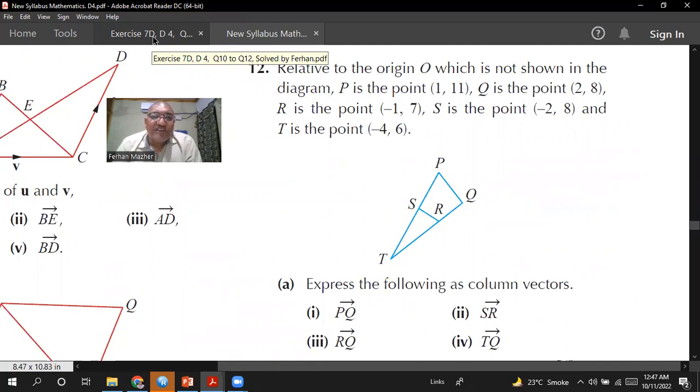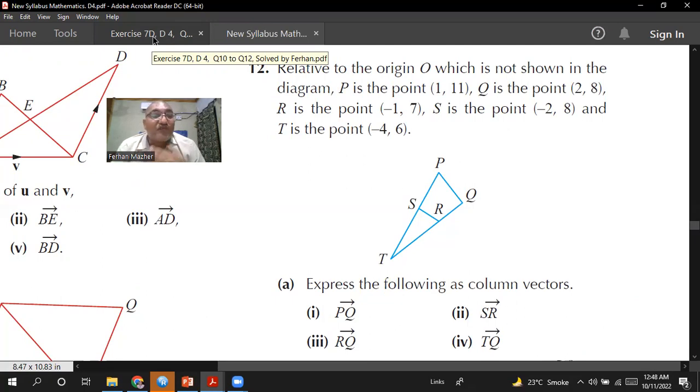So they want me to represent the PQ. You know the coordinates of the P. You can write the position vector of the P, that is OP. You know the coordinates of the Q. You can write the position vector of the Q, that is OQ. You know the coordinates of the point R, so you can write the position vector of the R, that will be OR.